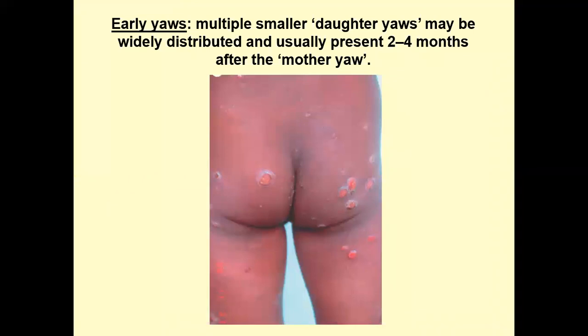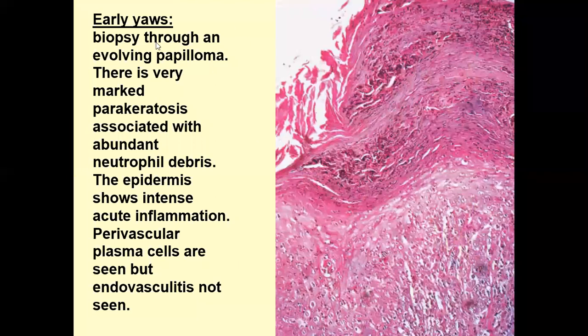Early yaws is another infection by a spirochete, and it is characterized by, again, ecthymatous type of lesions. We don't see yaws here in Pakistan. Biopsy through the papilloma will show very marked parakeratosis along with neutrophilic debris, and the epidermis would show acute inflammation.